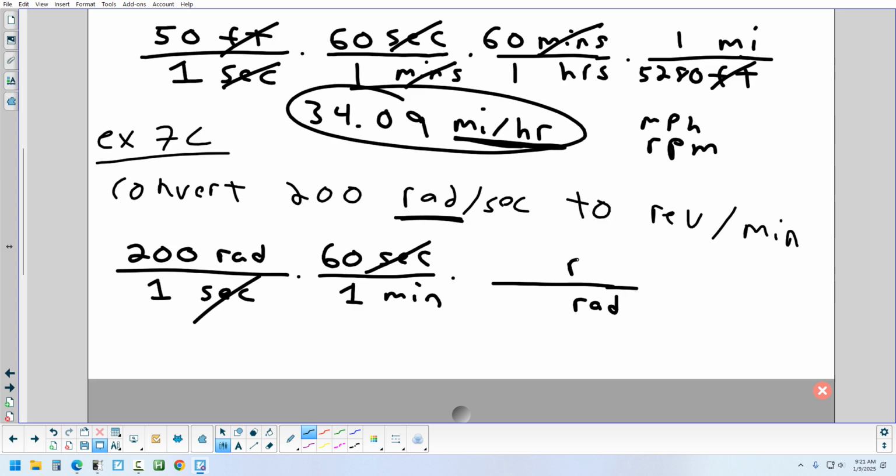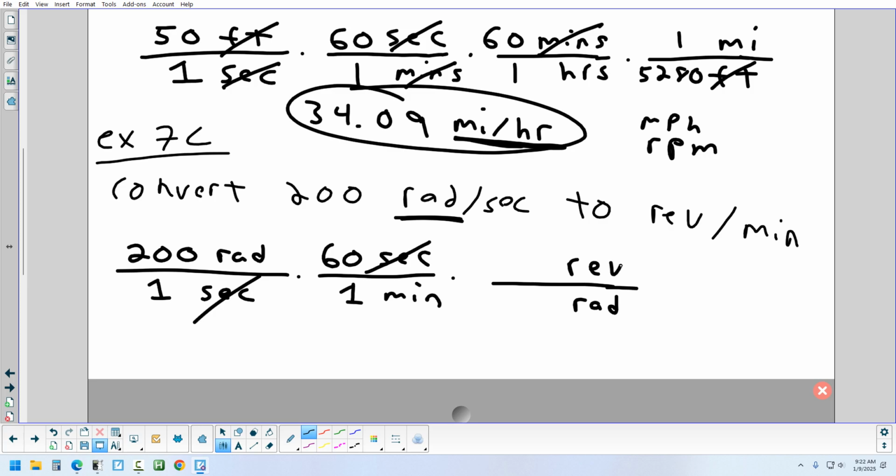Revolutions. Okay, now we need to fill in the fact there. How many radians in 1 revolution? If you get stuck, think of how many degrees in a revolution, and then convert degrees to radians. Yep. Was it 2 pi?